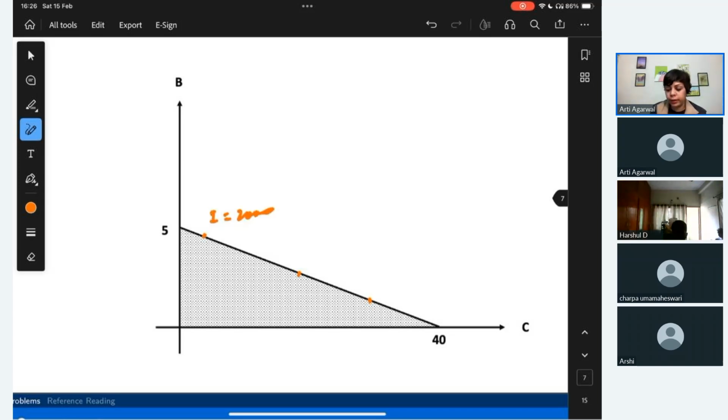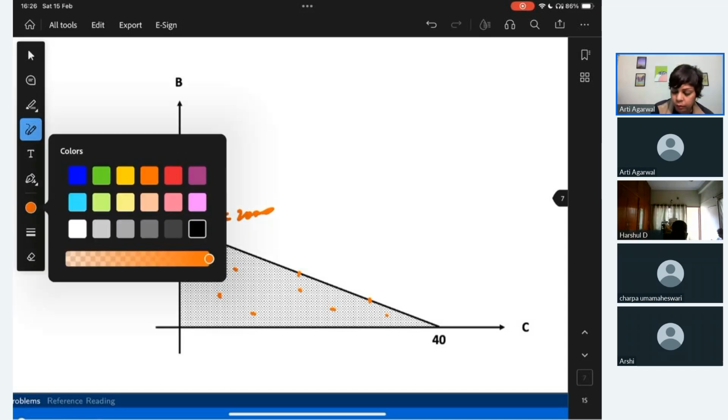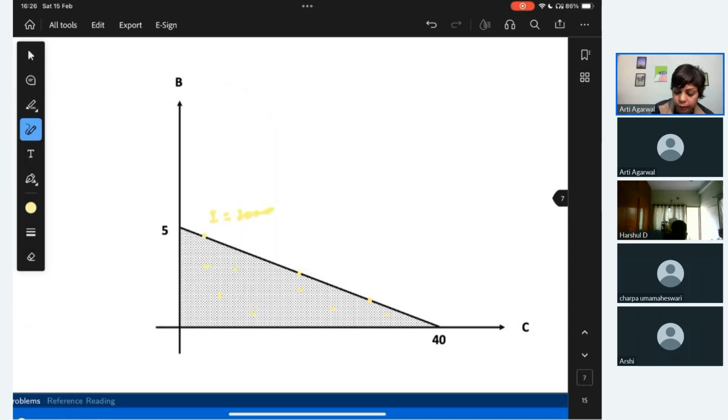On each point on this line. But this entire set is the budget set. Okay, so there may have been some other boundary. Anyway, you can say suppose there is another line here somewhere, and this whole thing is your consumption set, but the whole thing is not your budget set. The budget set is defined by this line, which is your budget line.